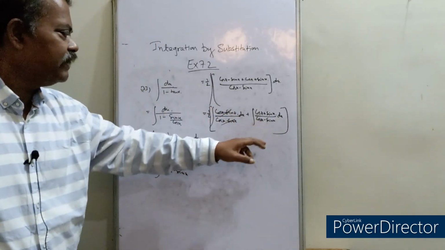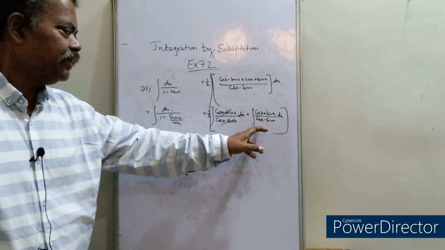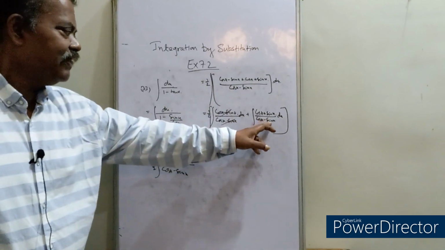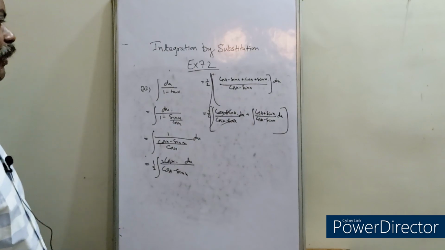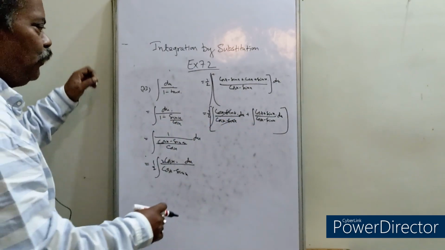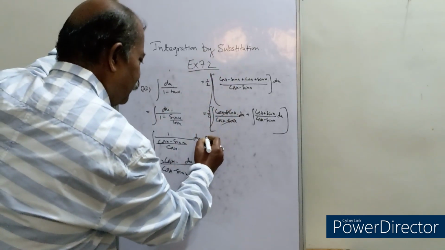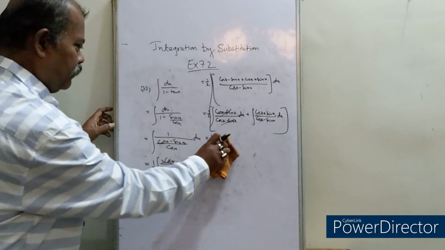Now if I take this as, let's suppose, t, the differentiation of cos x is minus sin x, and of sin x is cos x. I am going to get the numerator; all I have to do is take minus as common. So I am doing it as a shortcut. Let me do it again for you.